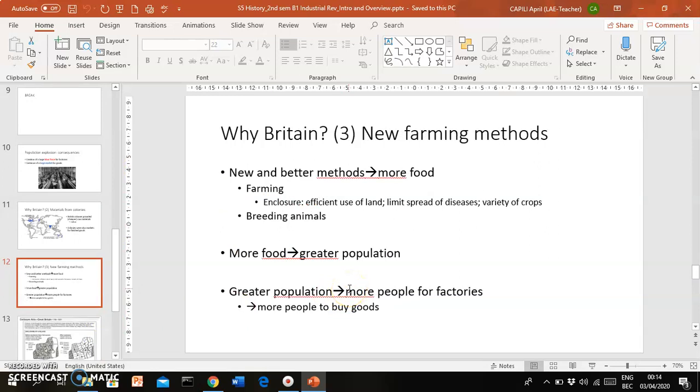Now, another reason is that there were innovations in farming. You might not think that this is important, but remember that human civilization, the civilizations that we've had in history, were made possible by one great innovation, which was agriculture. People learned how to farm.